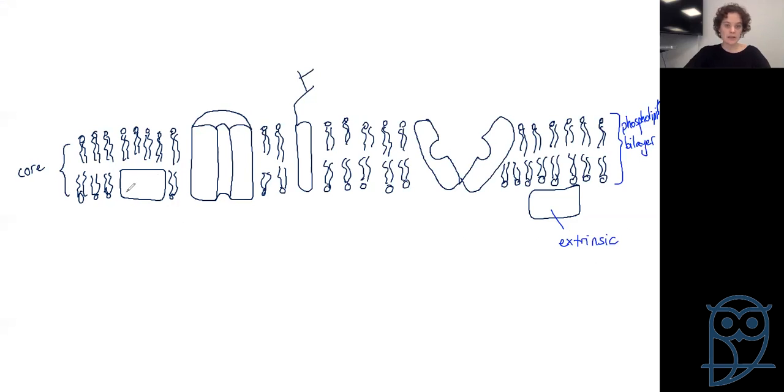This one here would be an intrinsic protein inside the bilayer. This one here is a transmembrane protein because it goes all the way through. Right, so that's our basic structure.